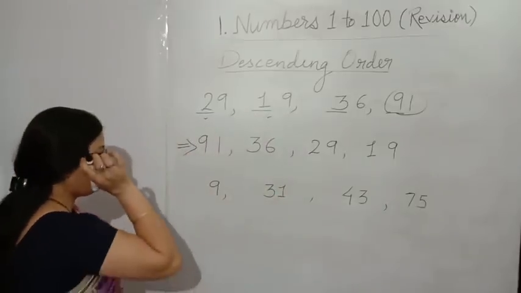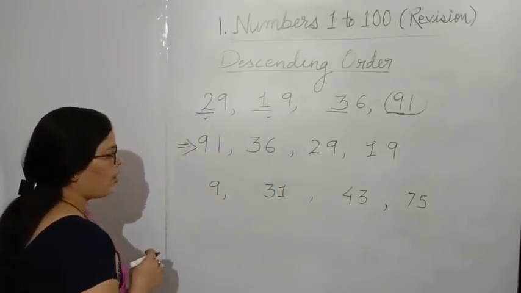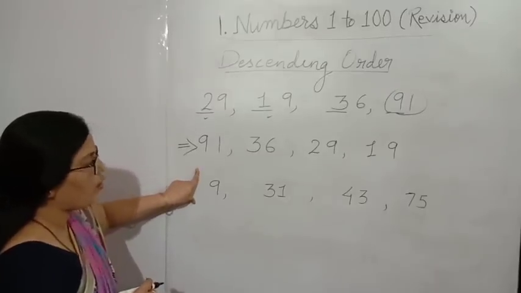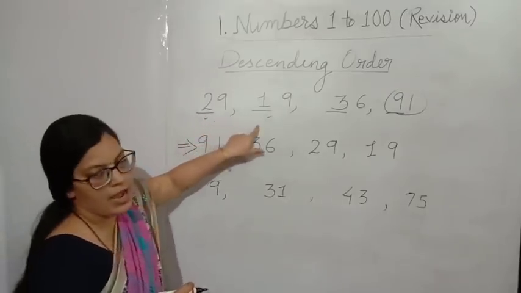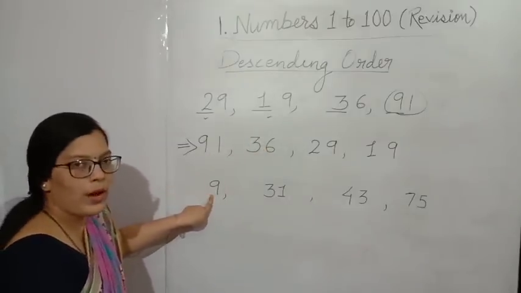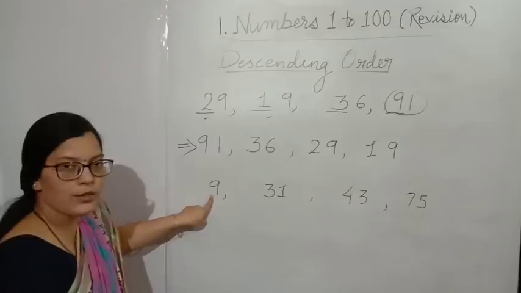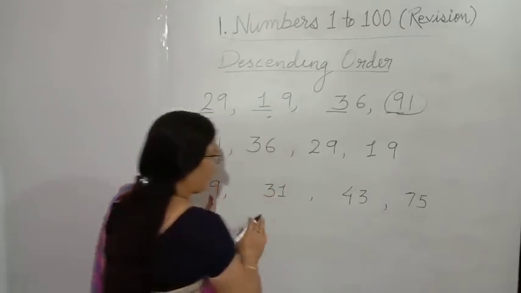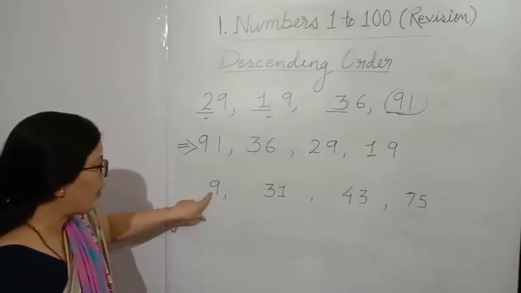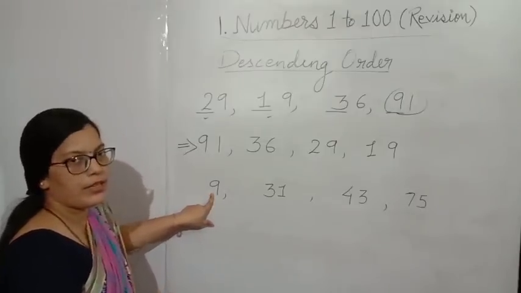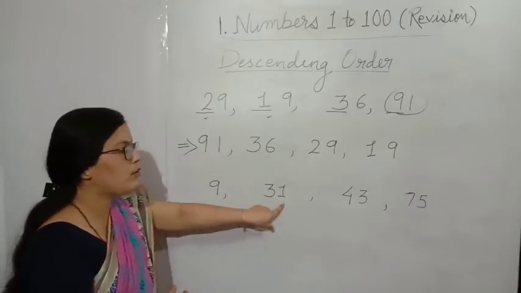Now here you have to compare the numbers. We always compare the tens place, the highest place. But see here, one number is of 1 digit. 9 is a 1 digit number, and the other numbers are 2 digit numbers. The value of a number with fewer digits is smaller compared to 2 digit numbers.